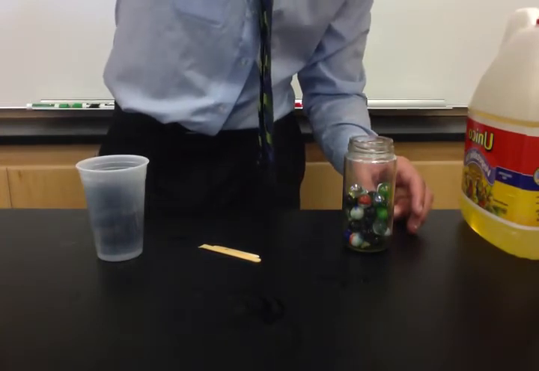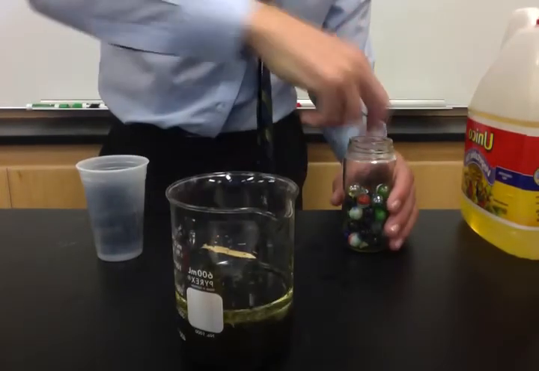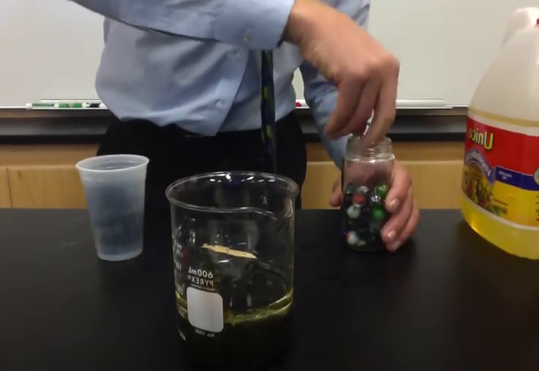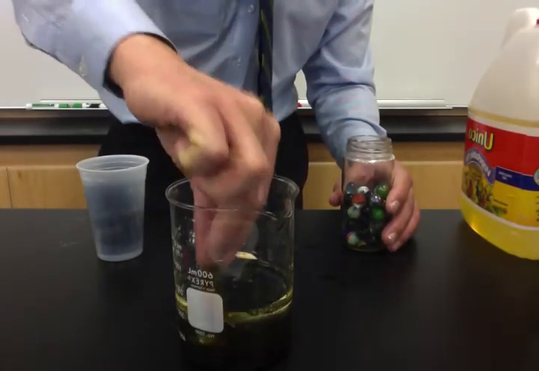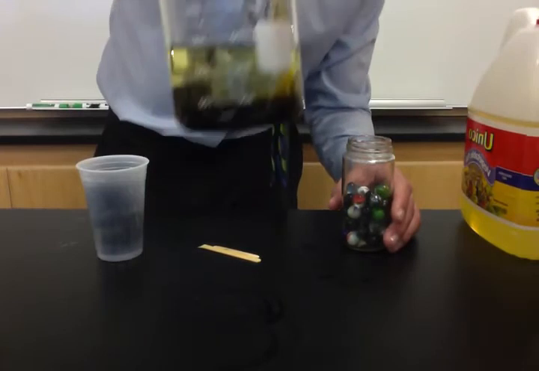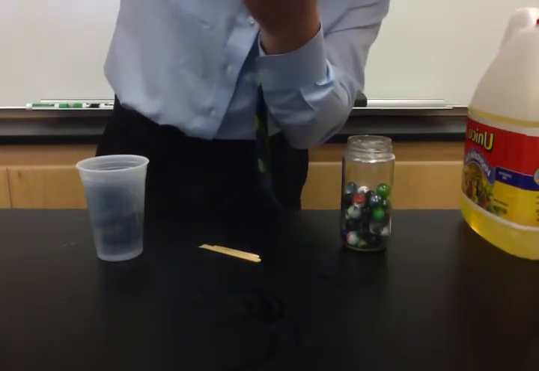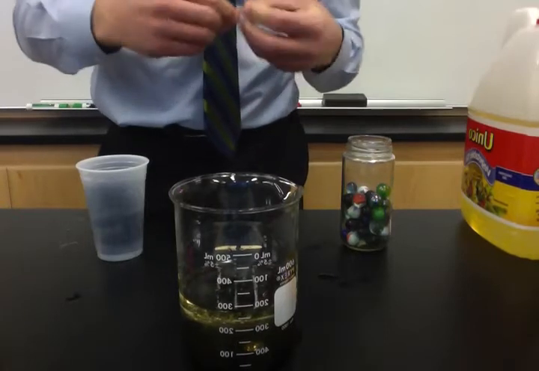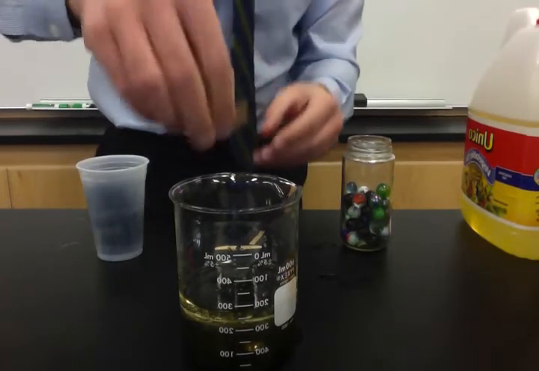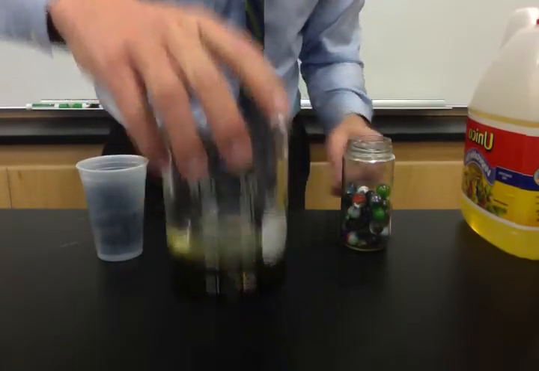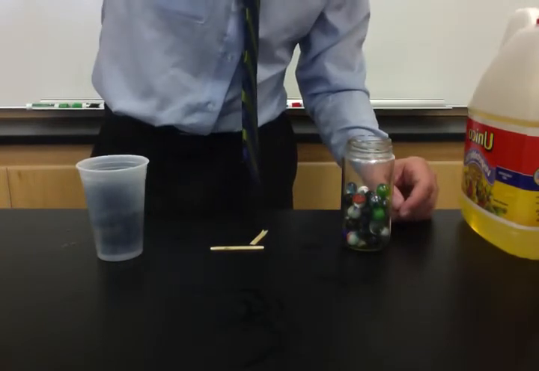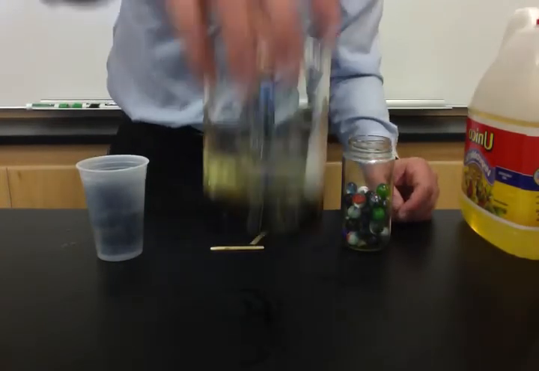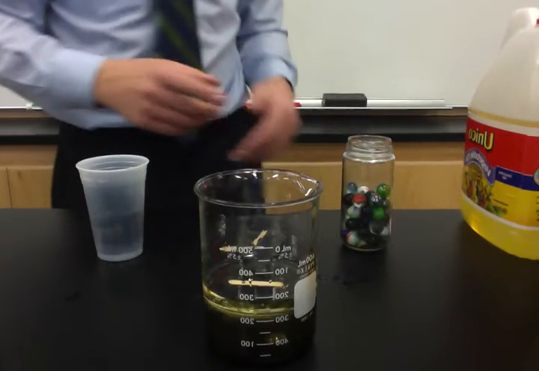No, actually it's on the molasses. And the glass ball, in terms of density, would be an interesting one to look at. Yeah. Went right to the bottom. Okay. And then you can take a look at a piece of wood. It floats, and it floats on the oil. So the wood's less dense than the oil.